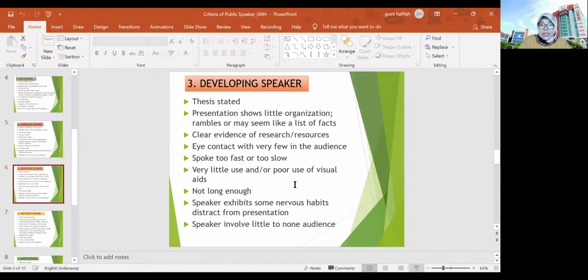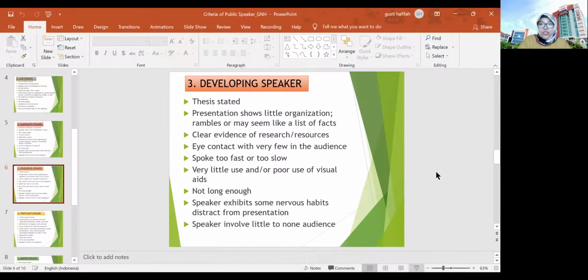This is the category. If you have stated the thesis, meaning the information you delivered is clear enough, and the presentation shows a little organization, even though it's not well organized from the beginning until the end smoothly, but still you show that there is construction of your thesis.